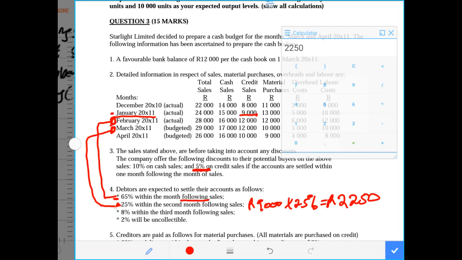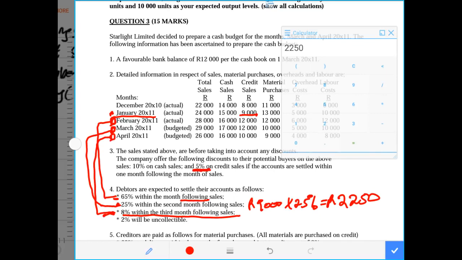Then 8% of the sales of January will be collected within the third month following the month of sales. The third month will obviously be April.